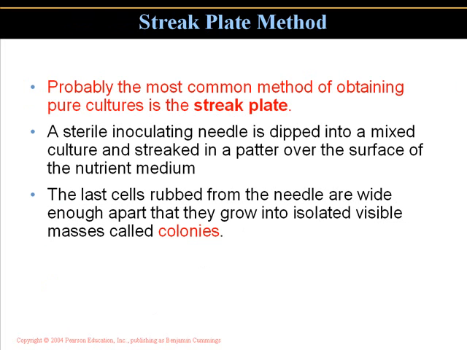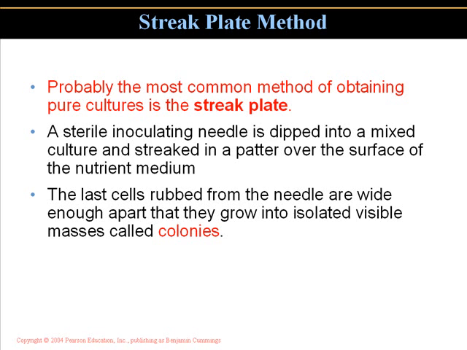Probably the most common method that we see in a laboratory setting to identify microorganisms is the streak plate method. In the streak plate method, you get a sterile inoculating needle or a loop.